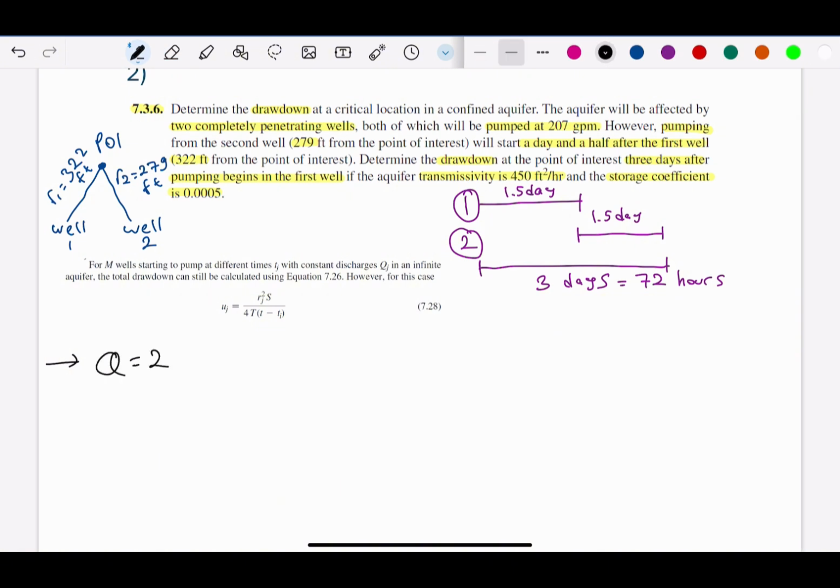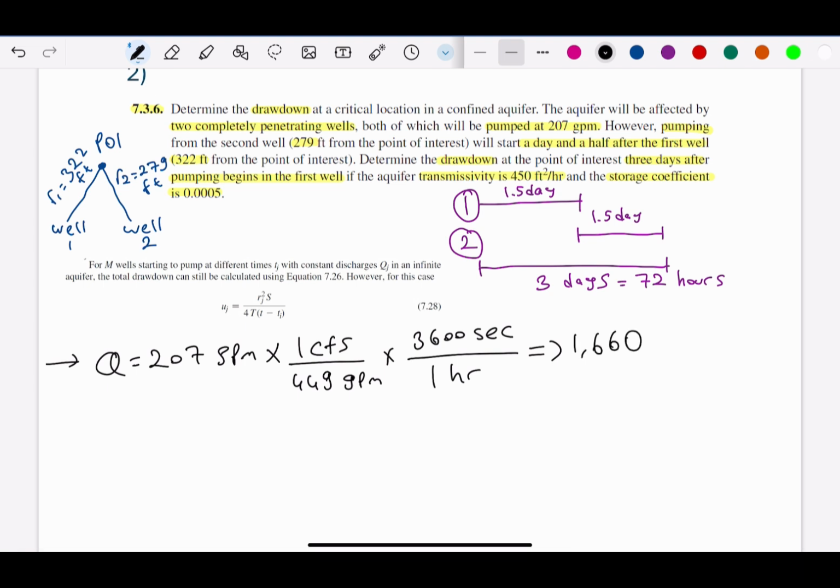So Q is equal to 449 GPM, and to convert it to hours, from here we will get 1660 cubic feet per hour.